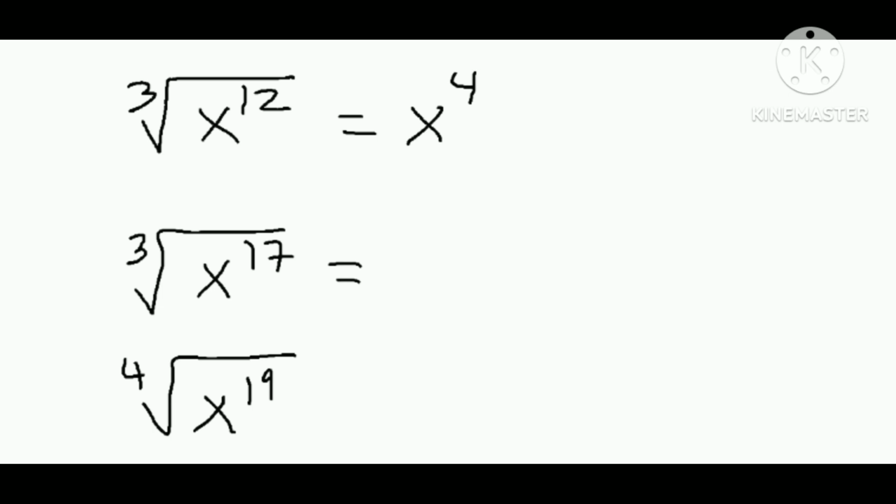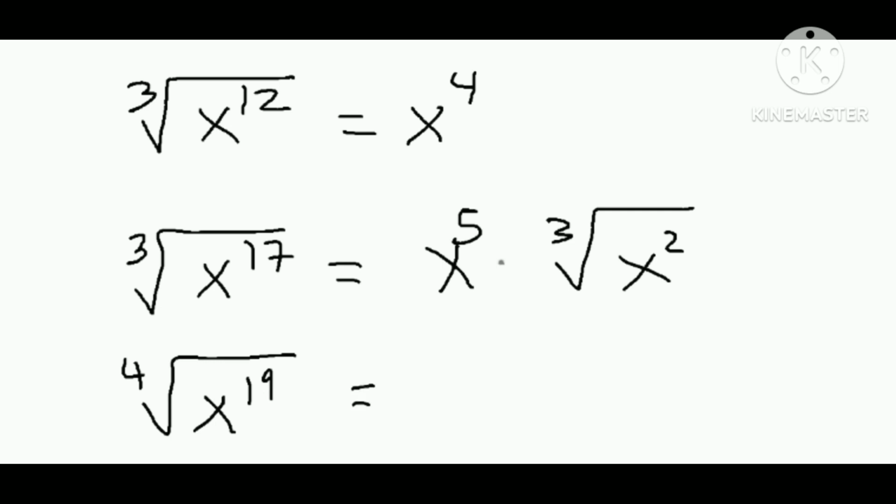But in this case, 3 doesn't go into 17 evenly. How many times does 3 go into 17? 3 goes into 17 5 times, because 5 times 3 is 15. So now what's remaining? 17 minus 15 is 2, so we have 2 x's remaining. And so this is the answer. It's x to the 5th times the cube root of x squared.